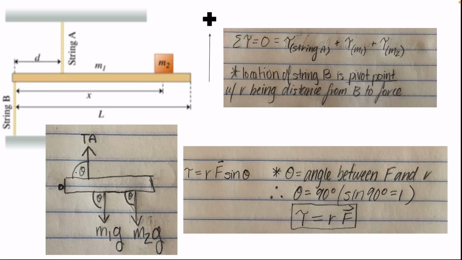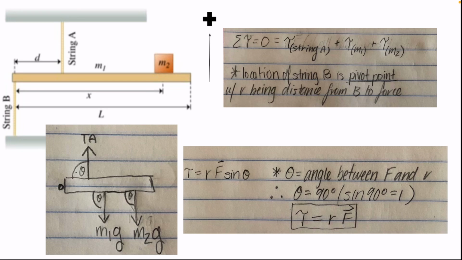So also notably, considering this equation contains sine theta, we have to figure out if the angle between the radius and the force changes the situation in a significant way.